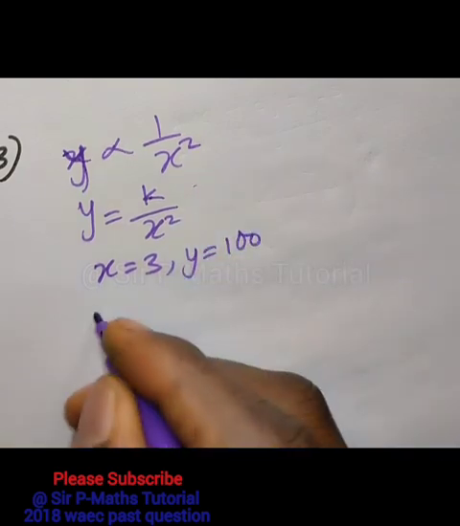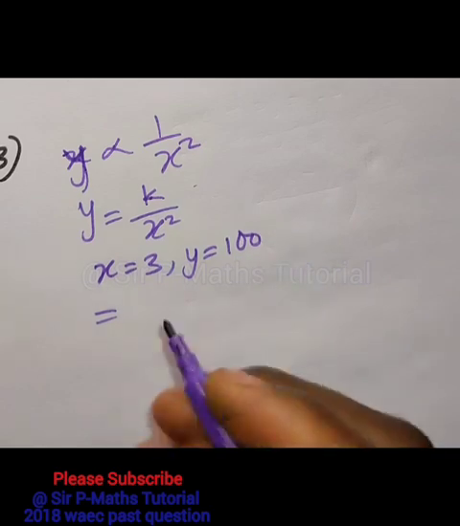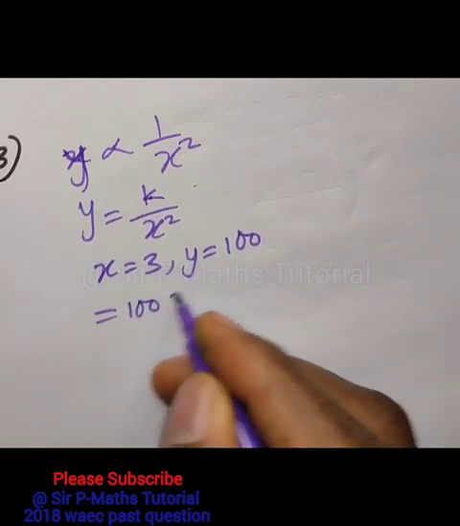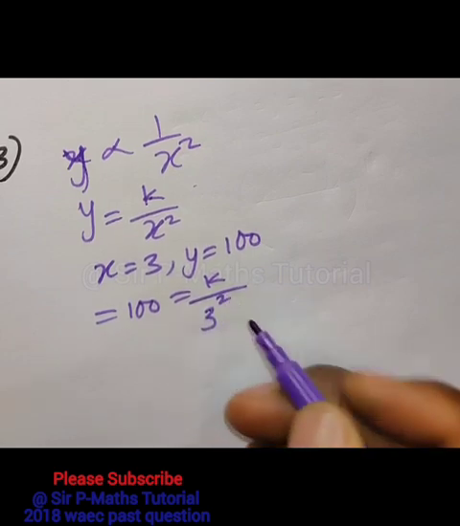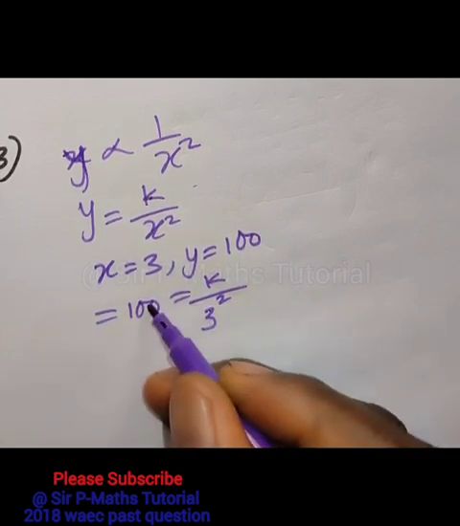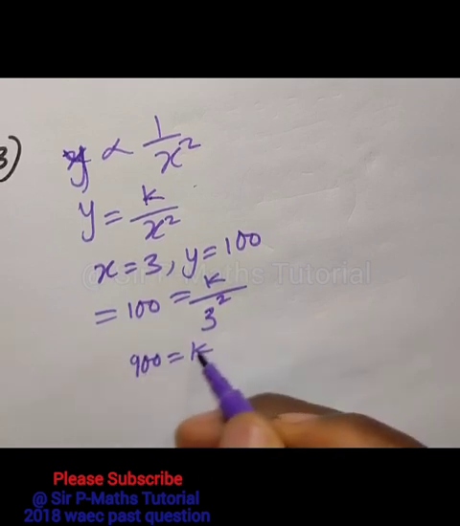Now what we'll do is substitute the values of x and y and get our k. Now y is 100 equal to k over x, which is 3 raised to power 2. This is 9. 9 times 100 will give me 900 equal to k. So my k is 900.